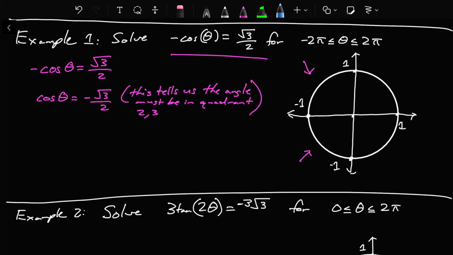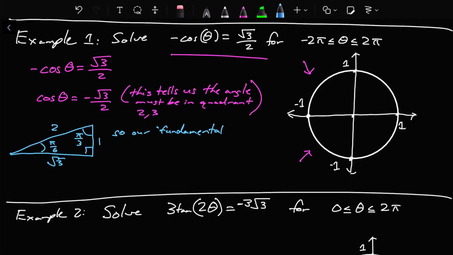So in order to do this, we'll draw an exact value triangle. Again, this is what we mean when we say we play the game on easy mode. Usually it's always going to be one of these, otherwise you're just using the general solution. Root 3, 2, and 1, which means that our angle, sometimes called our fundamental angle, is, well, which one gives us a cos of root 3 on 2?